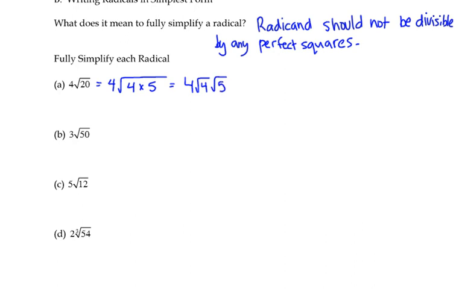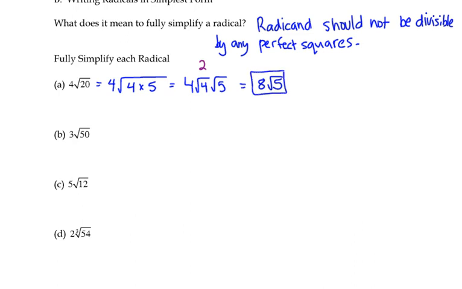Now it's all multiplication between all three of these. So what's the square root of 4? It's going to be 2. So what are we going to do with the 2 and the 4? We multiply them. It's 4 times 2, so 8 root 5.